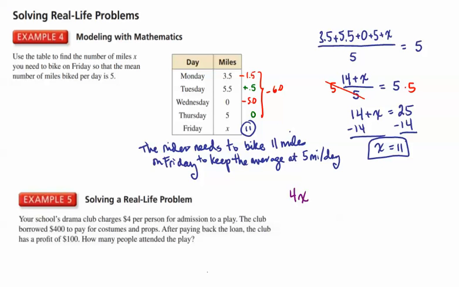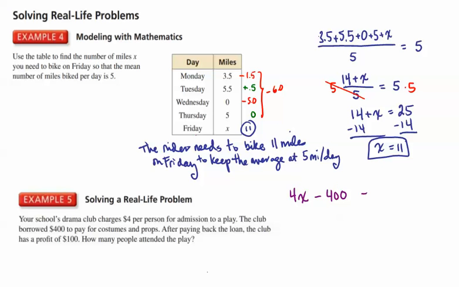Now, from the money that we bring in, we have to repay the loan that we borrowed to buy the costumes and the props. And that loan was for $400. So if we sold 200 tickets, then we would get 4 times 200, or 800. Then we would subtract the 400.